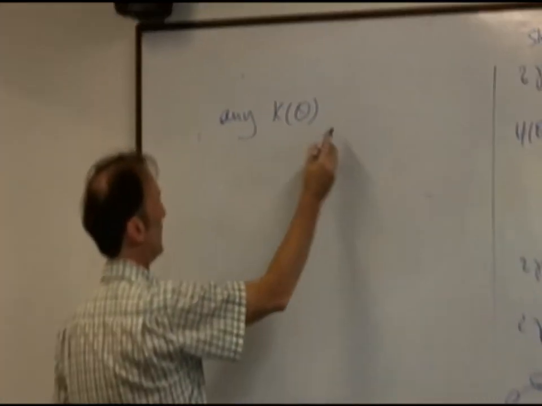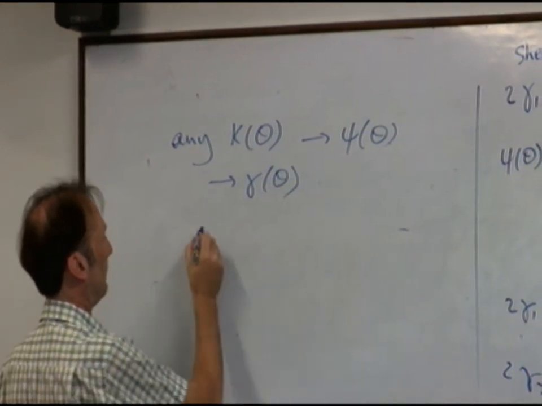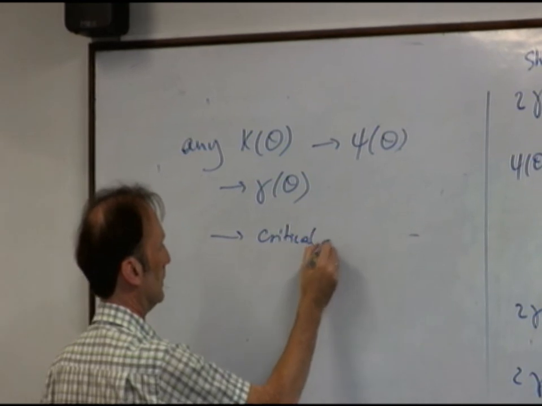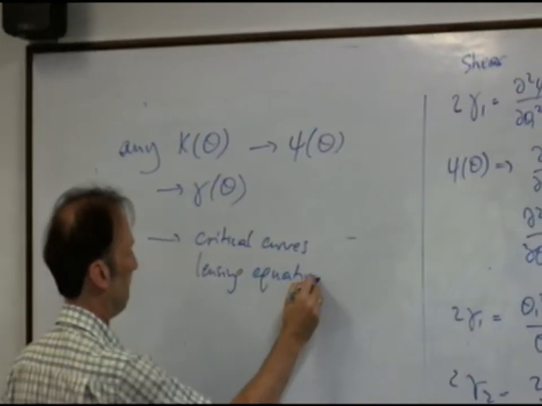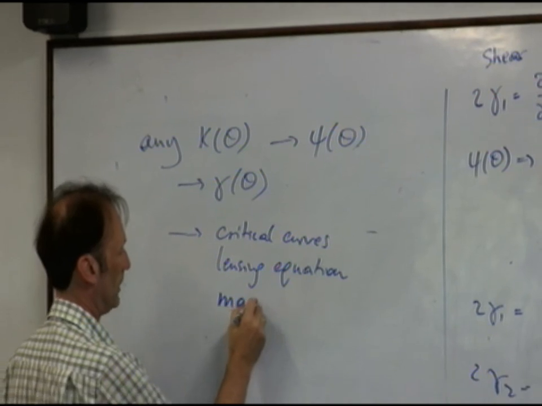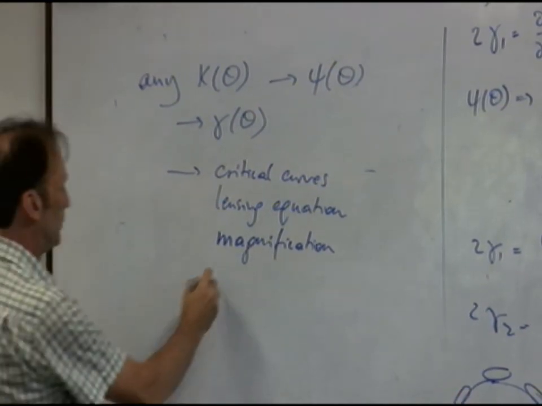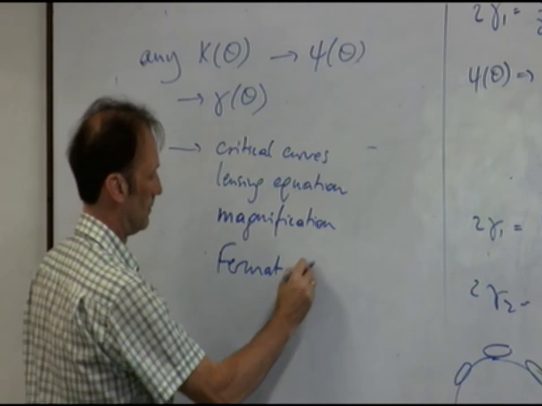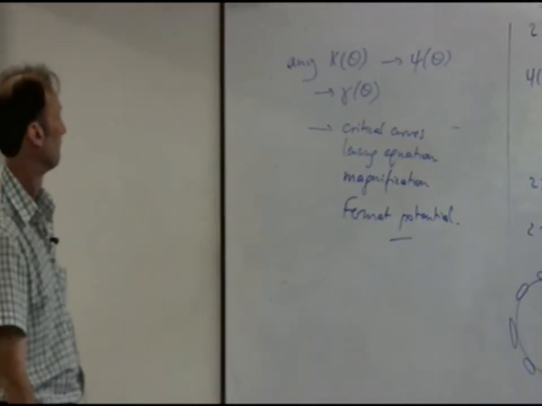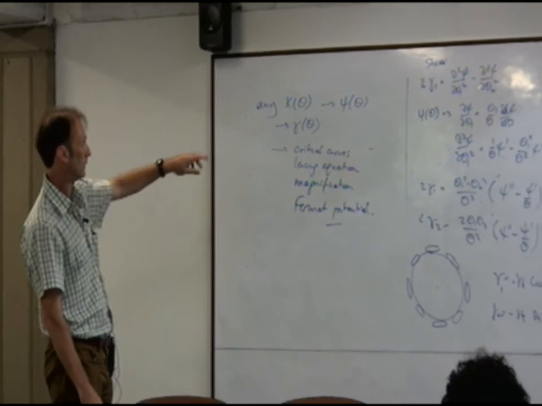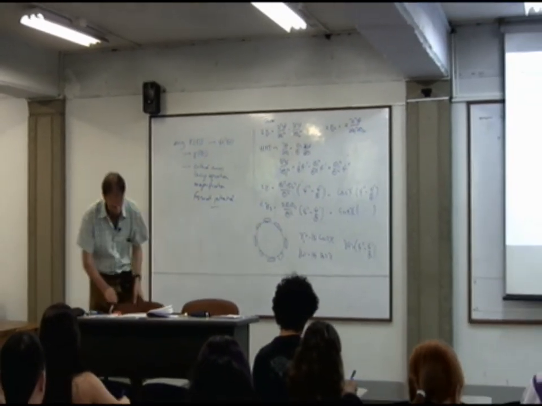So any surface mass density which is axisymmetric will give you a lensing potential, which will give you the shear, and which will therefore give you the critical curves, the lensing equation, magnification everywhere, etc. There's nothing to stop you from doing axisymmetric lensing in Cartesian coordinates if you want, but of course this is much more complicated.